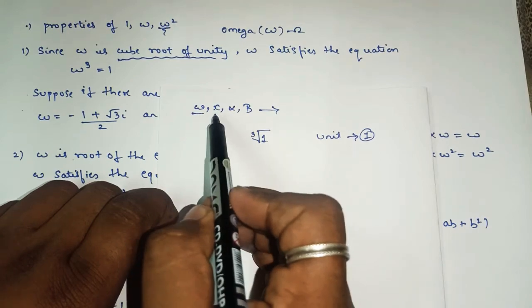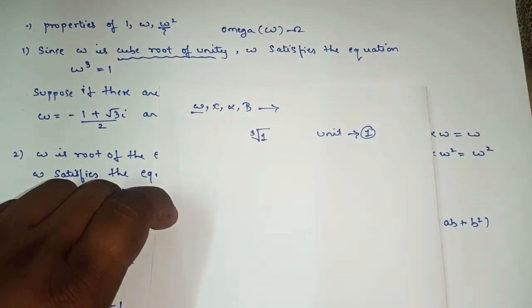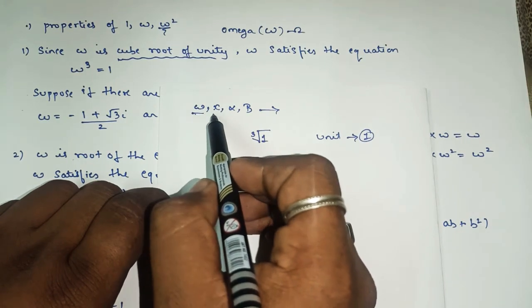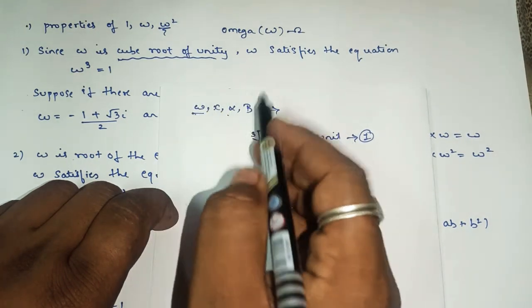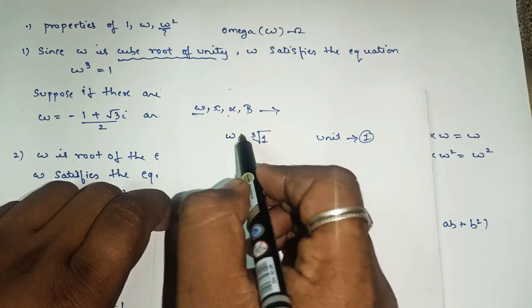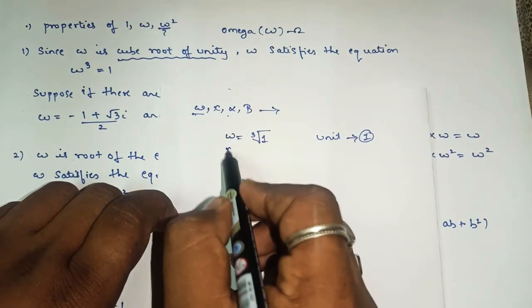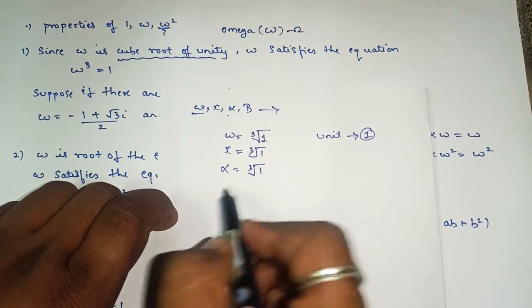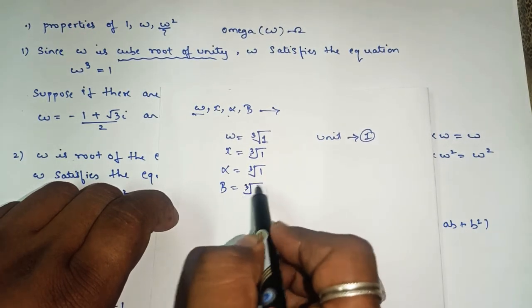So W, X, alpha, beta, any variable, let it be. If it says that W, X, alpha, beta is the cube root of unity, it means W equals cube root of 1, X equals cube root of 1, alpha equals cube root of 1, beta equals cube root of 1.